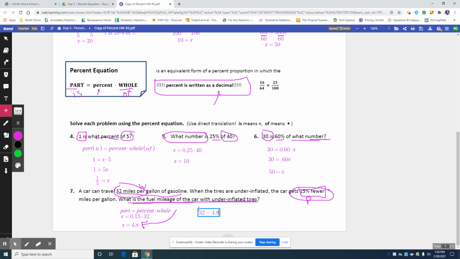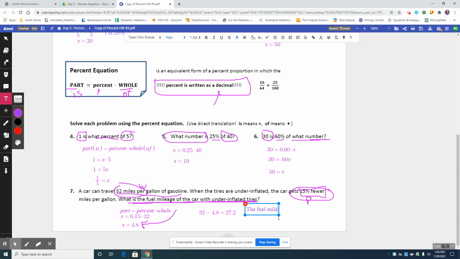So if you do 32 minus 4.8, you get 27.2. Therefore, the new fuel mileage will be 27.2. So your target statement would say the fuel mileage of the car with underinflated tires is 27.2 miles per gallon.